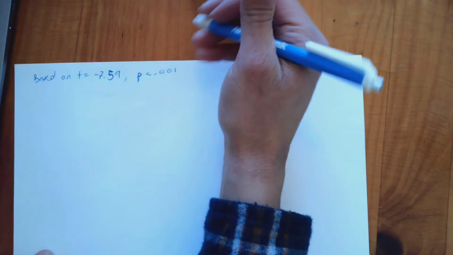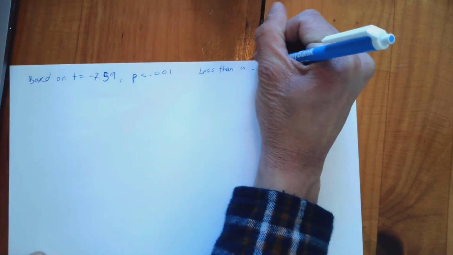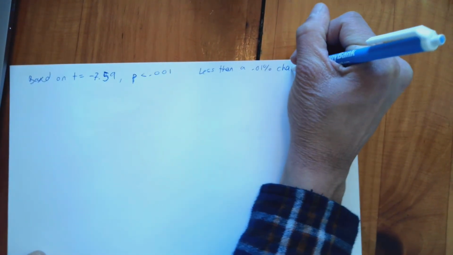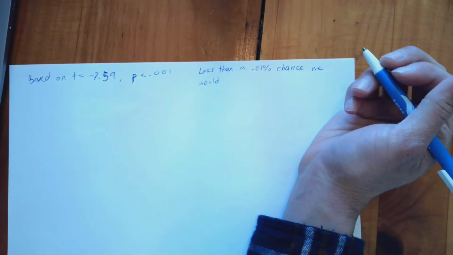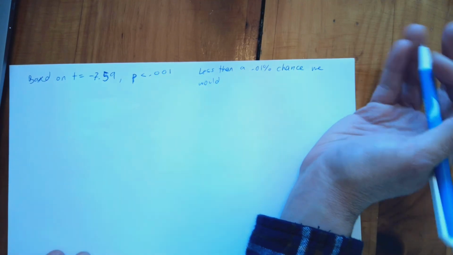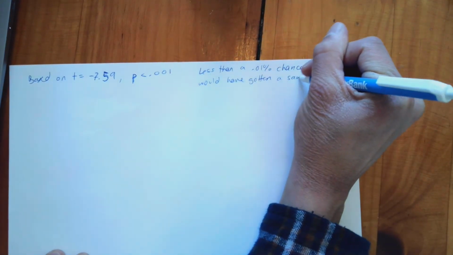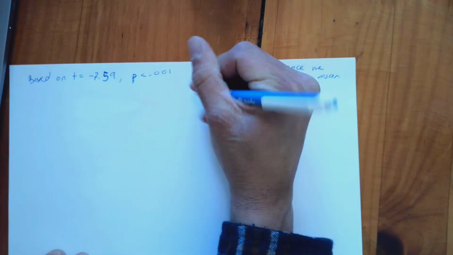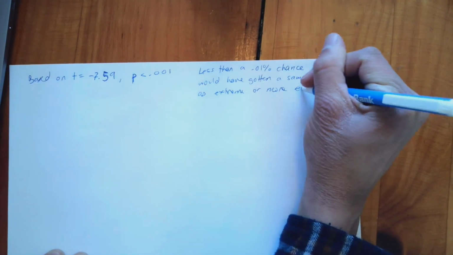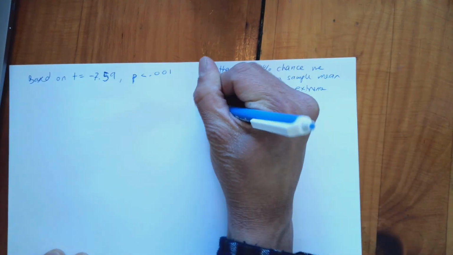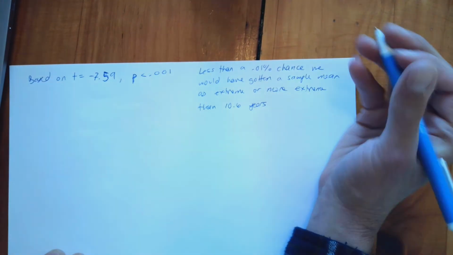So what this p-value means is that there is less than a 0.01% chance we would have gotten a sample mean as extreme or more extreme than 10.6 years if the null hypothesis were true.